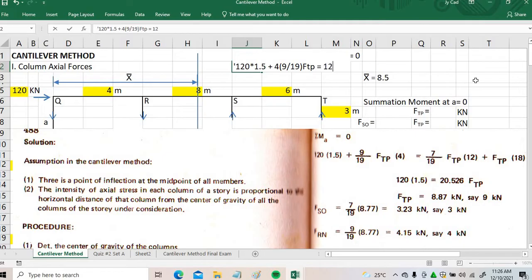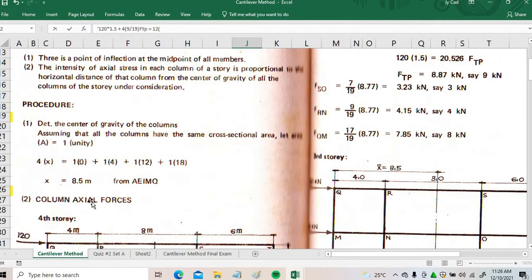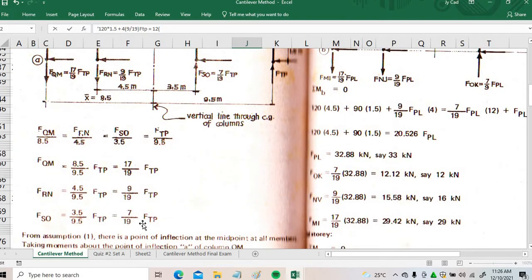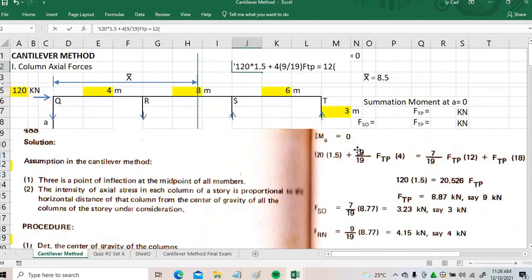12 times FSO, but what is FSO? It is 7 all over 19 FTP. 7 all over 19 times FTP, and then plus 18 FTP. Okay? FTP is as is, 18 FTP.